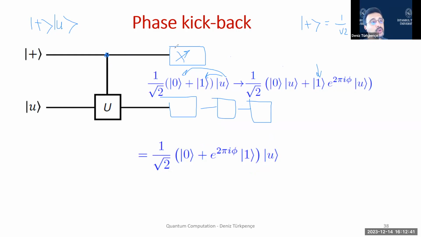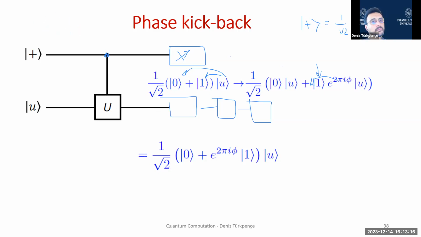But here you have implemented a measurement operator on this qubit. You cannot use that qubit anymore because the state has collapsed. But you have taken information from the second qubit without collapsing the second qubit. So this phenomenon is called phase kickback. Because of kicking this phase in front of the first qubit, you can take information from the first qubit, which belongs to the second.